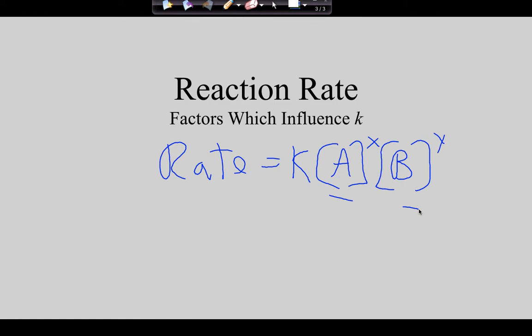Now we're going to talk about these other factors, because they change rate as well. There are other things that change the rate, but mathematically, those are all contained in K. So, don't miss this.